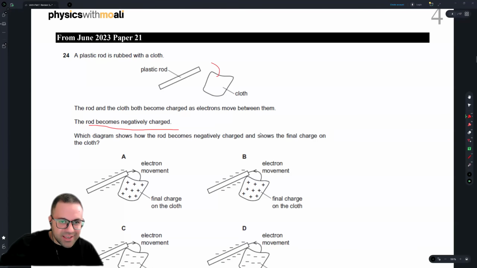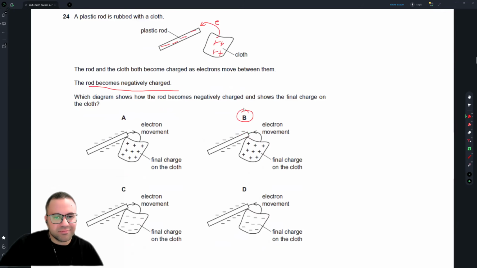So this gains electrons, and this becomes negative, and this becomes positive. So my choice is B. As electrons move from the cloth to the rod, this becomes negative, this becomes positive. Easy.